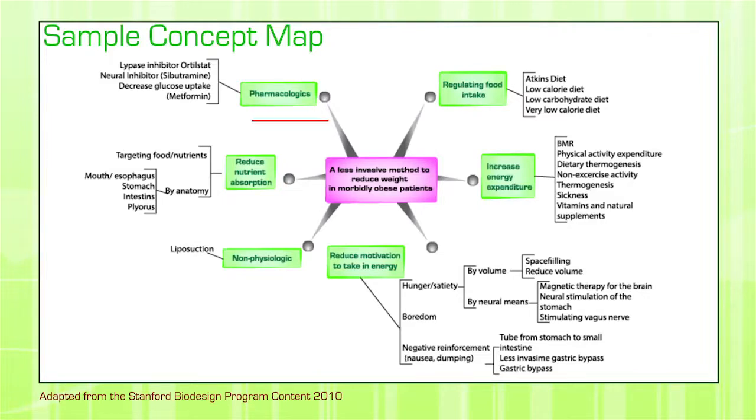There are the pharmacological solutions, the intake regulation solutions, the ones that increase energy expenditure, the ones that reduce your motivation to eat or increase your motivation to spend energy, and the non-physiological ones, like liposuction or other types of surgery that just get rid of the fat you have.